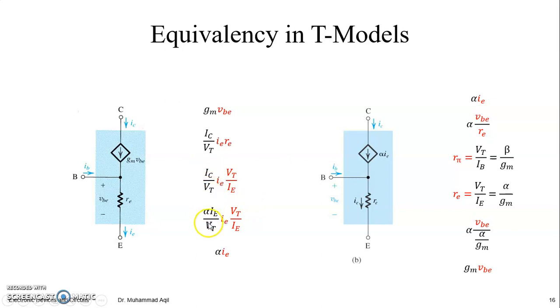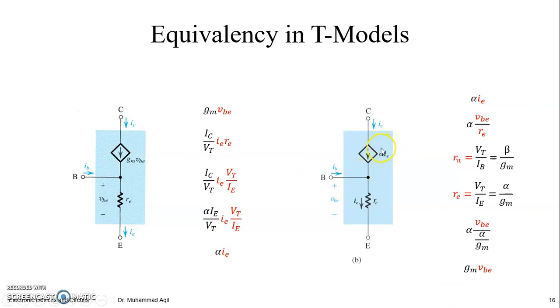Alpha IE, right? So same DC currents. Please don't confuse AC and DC currents, right? Now you can see VT, VT cancel, IE, IE cancel, alpha IE. It means these two things are the value of the same quantity, which is the AC collector current.